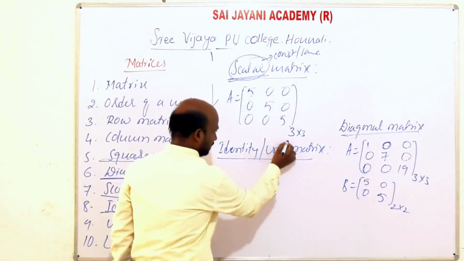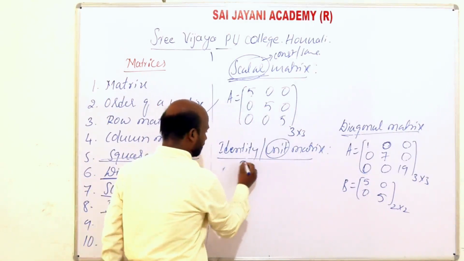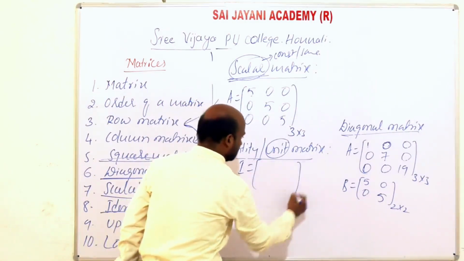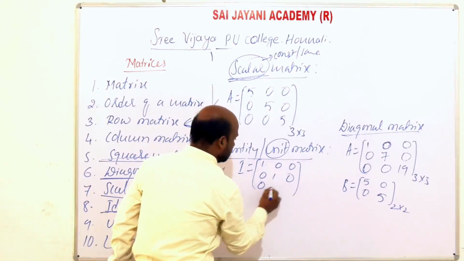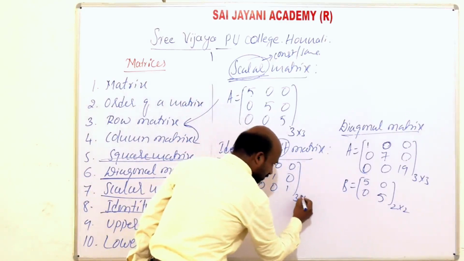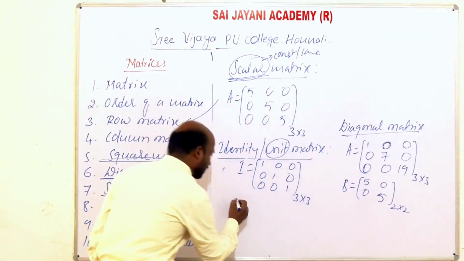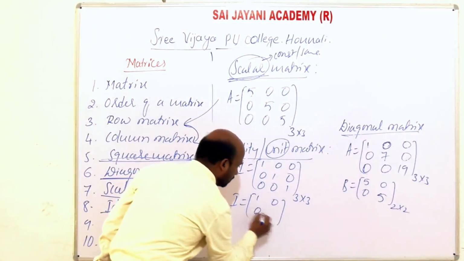So unit, the name itself indicates the matrix, and the identity matrix is represented by capital I, and this is 1 0 0 0 1 0 0 0 1. Again it has 3 rows and 3 columns. Its order is 3 by 3. Again identity matrix of order 2 by 2, 1 0 0 1.